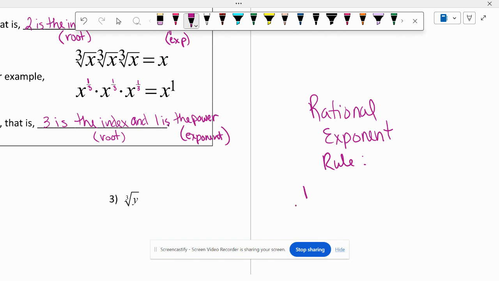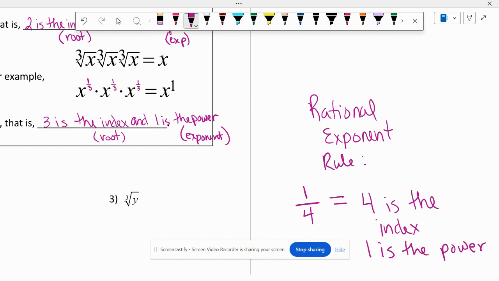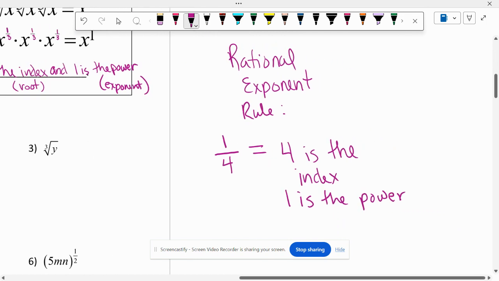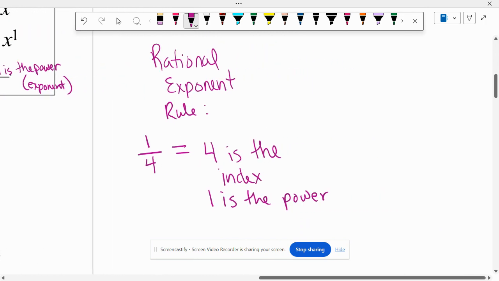When you look at your fraction, I'm going to write 1/4. This means that 4 is the index and 1 is the power. That's an example with numbers because I feel like if I just use variables, it doesn't make sense.